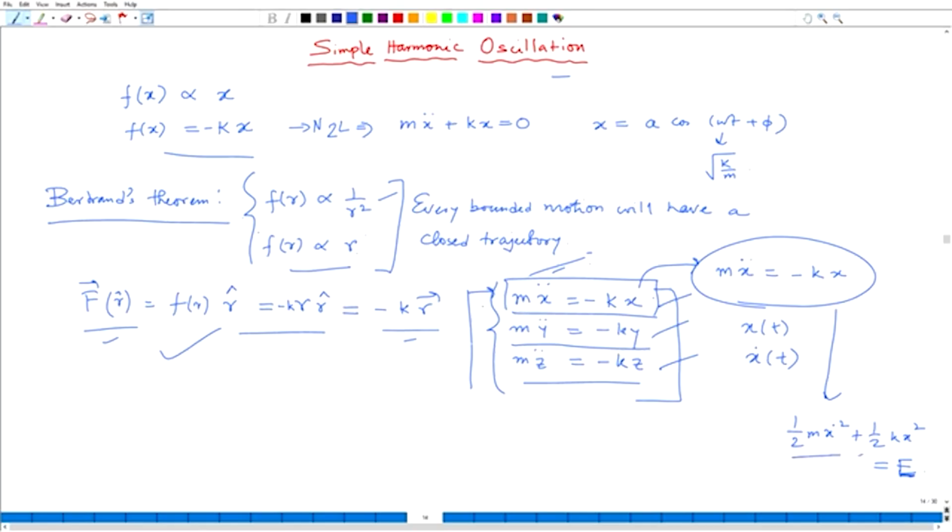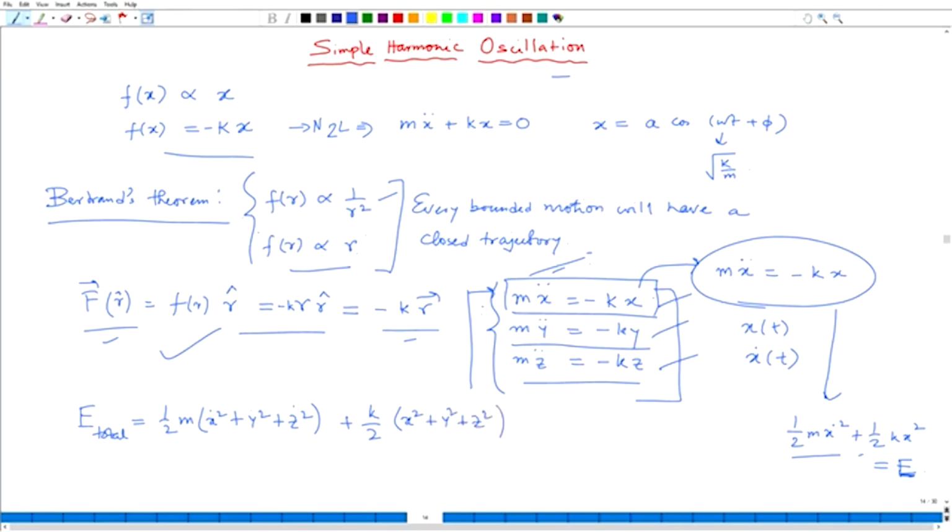Here for 3D or 2D, once again this is a question, but what you can say is that the total energy will simply be half m (x dot square plus y dot square plus z dot square) plus k by 2 (x square plus y square plus z square).